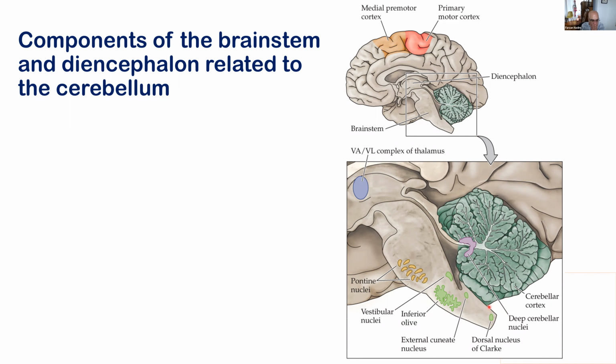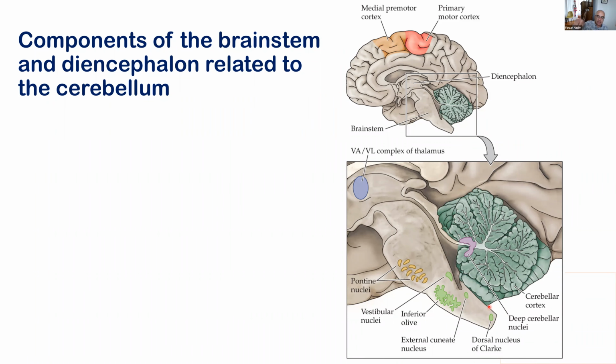If you remember, when we were discussing the somatosensory system, touch and proprioception, the proprioceptive neurons that are projecting through the spinal cord have their bodies in the dorsal root ganglia, they project up the spinal cord, and they project to the dorsal Clark nucleus.